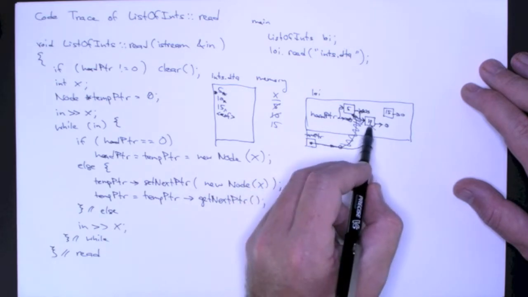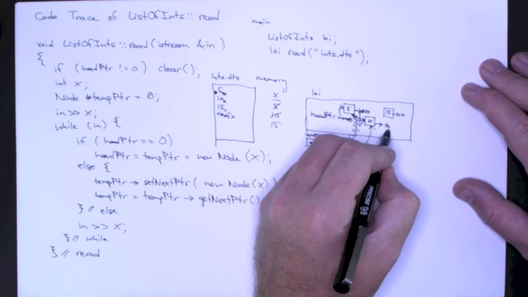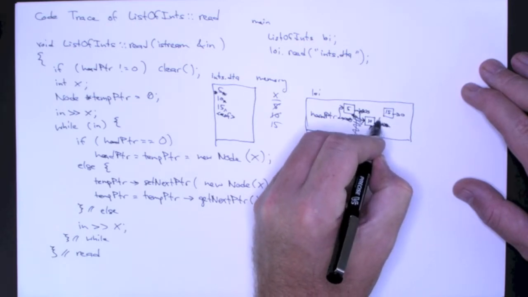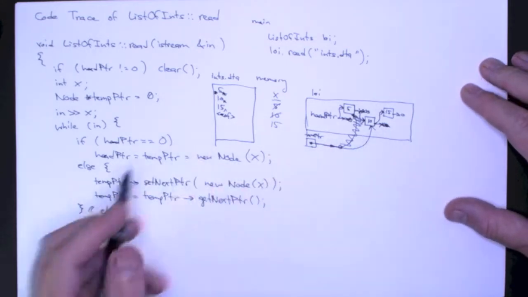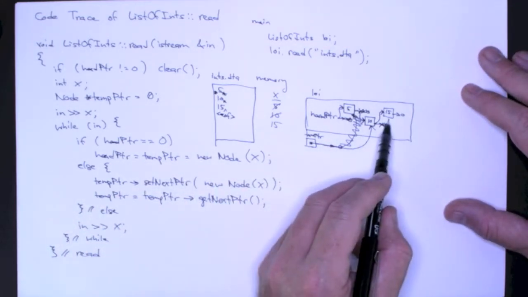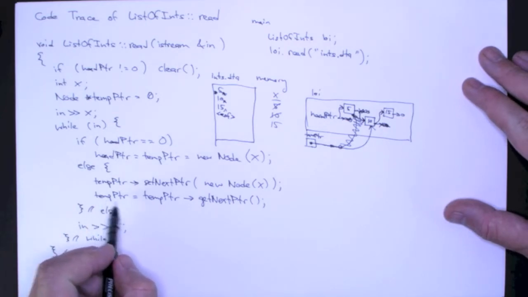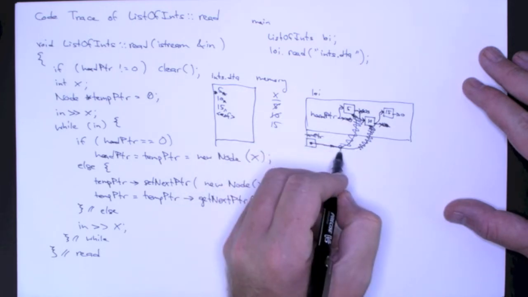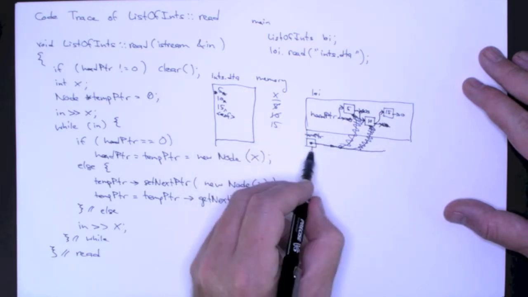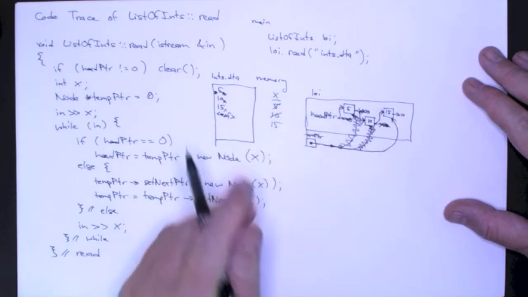Temp pointer points to this object, so we're passing this address into this object's setNext pointer method, and that makes 10 point to 15. And now we have to make sure that temp pointer points to the last node in the chain, so we advance it by calling getNext pointer. So now temp pointer is going to point to 15.